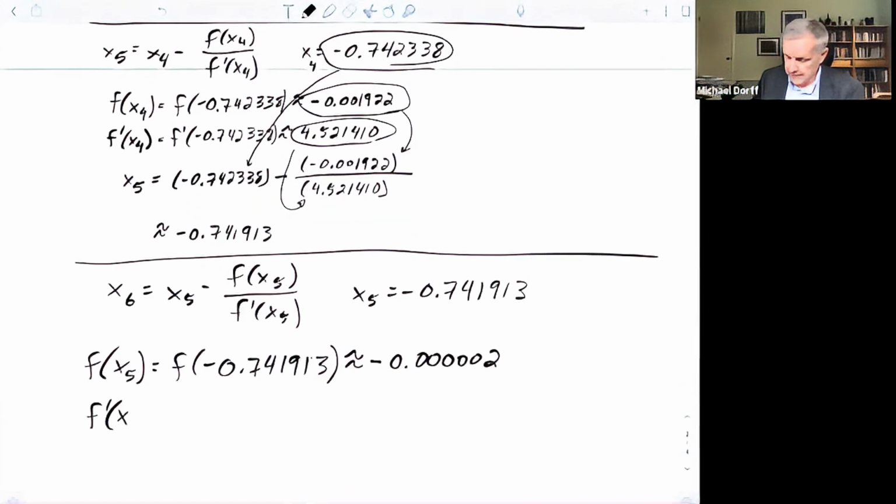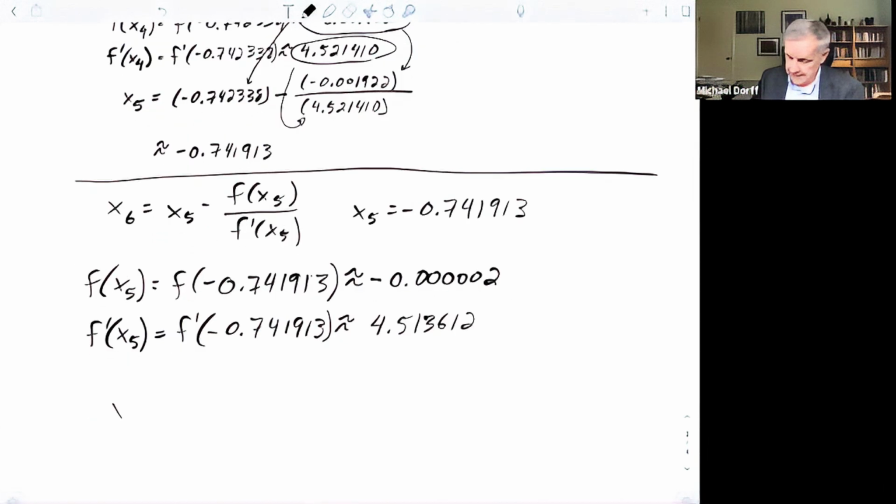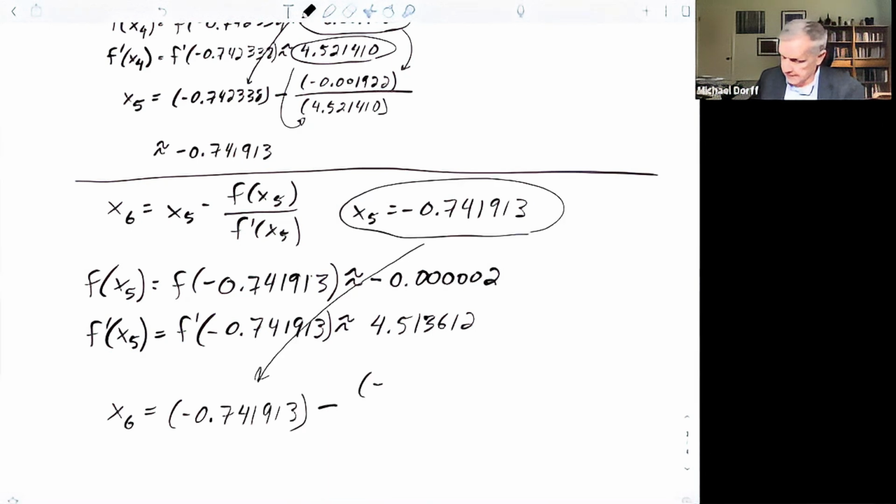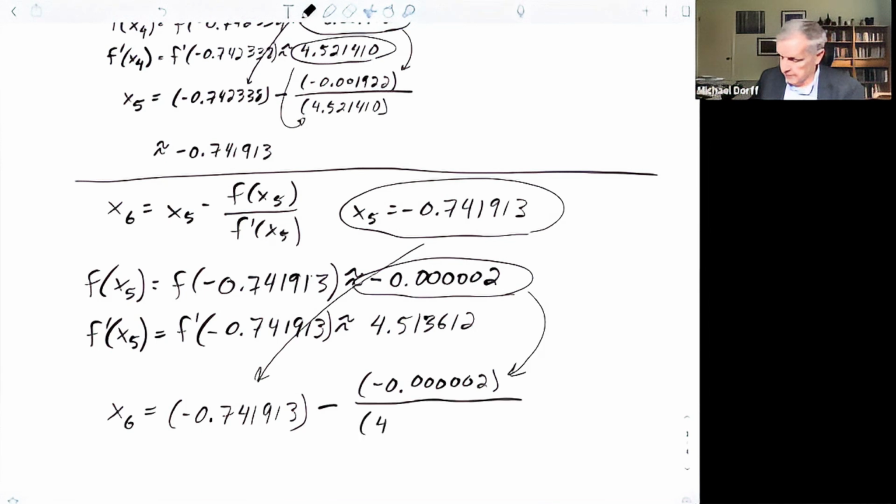And then f prime at x sub 5, putting this into a calculator, I get that to be 4.513612. And x sub 6 then is going to be negative 0.741913 coming from here minus negative 0.000002 coming from here over 4.513612 that comes from here.